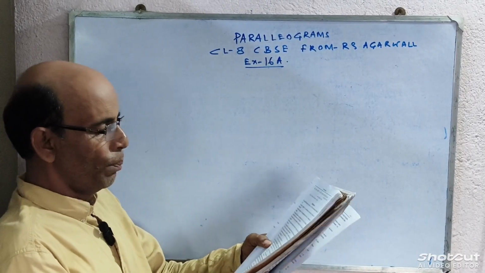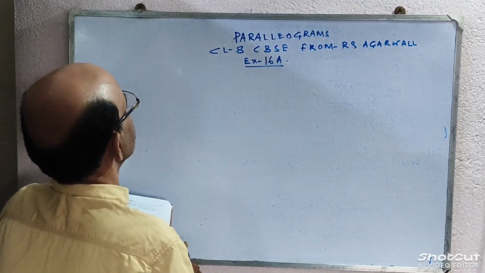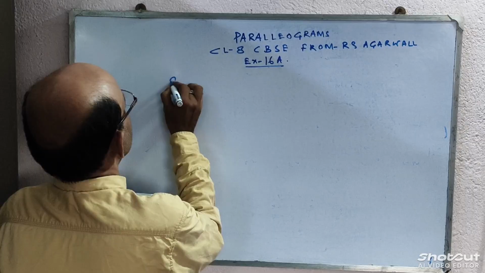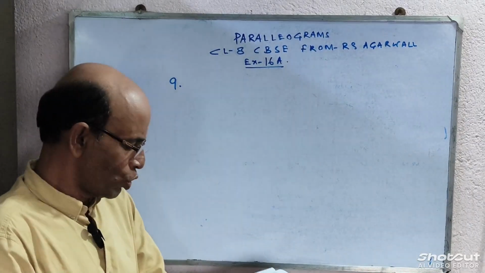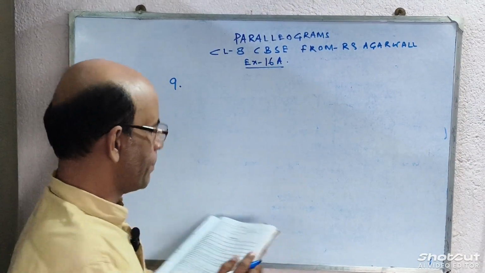Okay, next proof, question number 9. First of all, you have to draw the diagram. ABCD is a parallelogram.